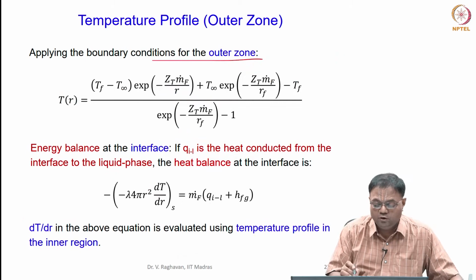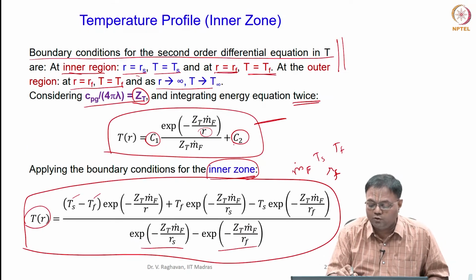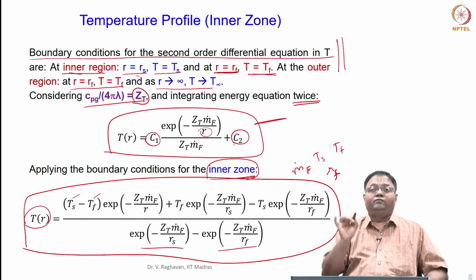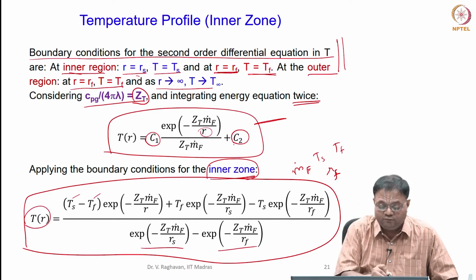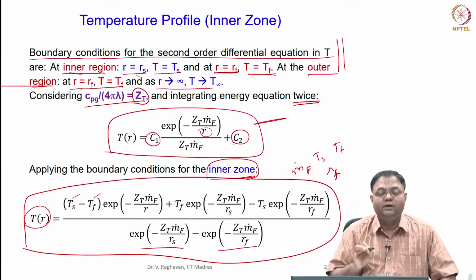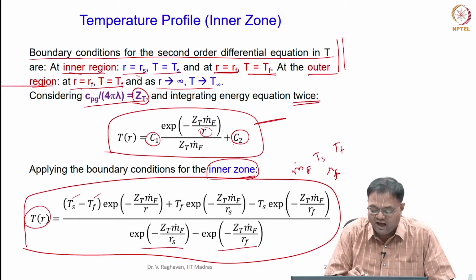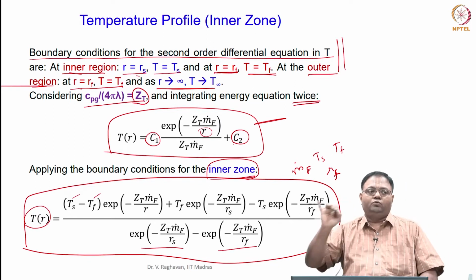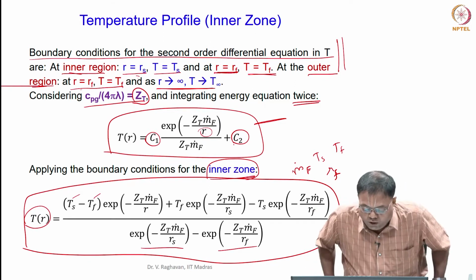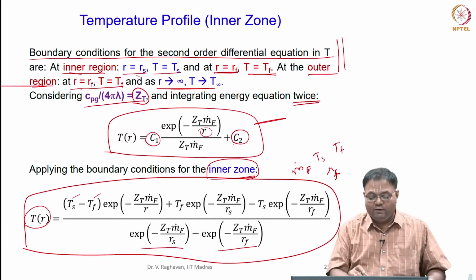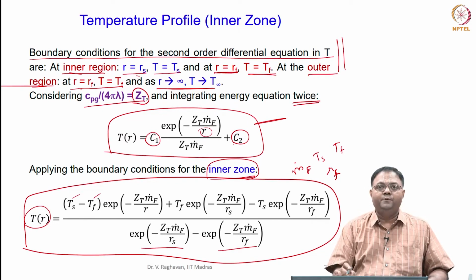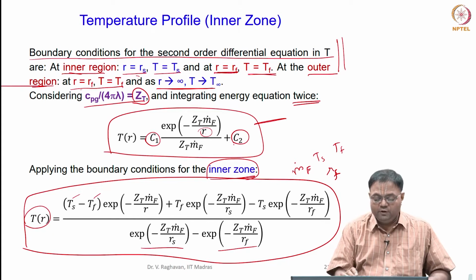Now, for the outer zone, again you have to use the boundary conditions of the outer zone, that is at the flame, R equal to Rf, T equal to Tf, the flame temperature. As R tends to infinity, T will tend to T infinity. So, these are the 2 boundary conditions to evaluate the two constants. The same profile you take, but now substitute R equal to Rf in the right hand side, put T equal to Tf here.